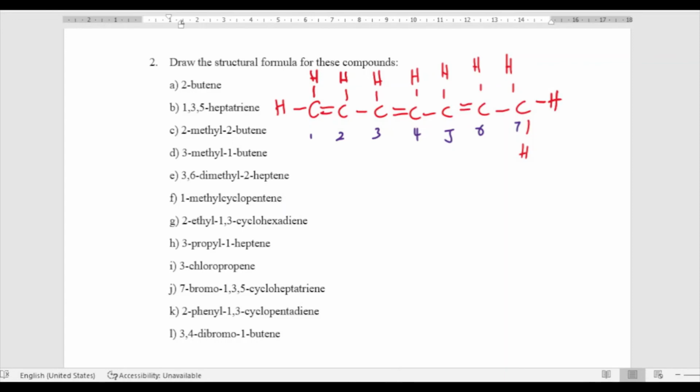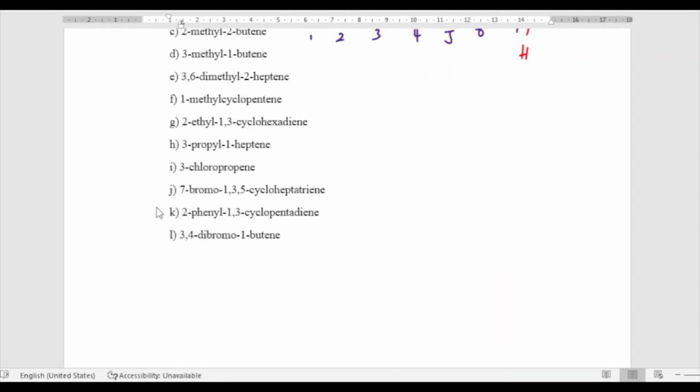Okay, next we try this question, like question 2G. 2-ethyl-1,3-cyclohexadiene. So cyclohexadiene, we have 6 carbon and 2 double bonds.